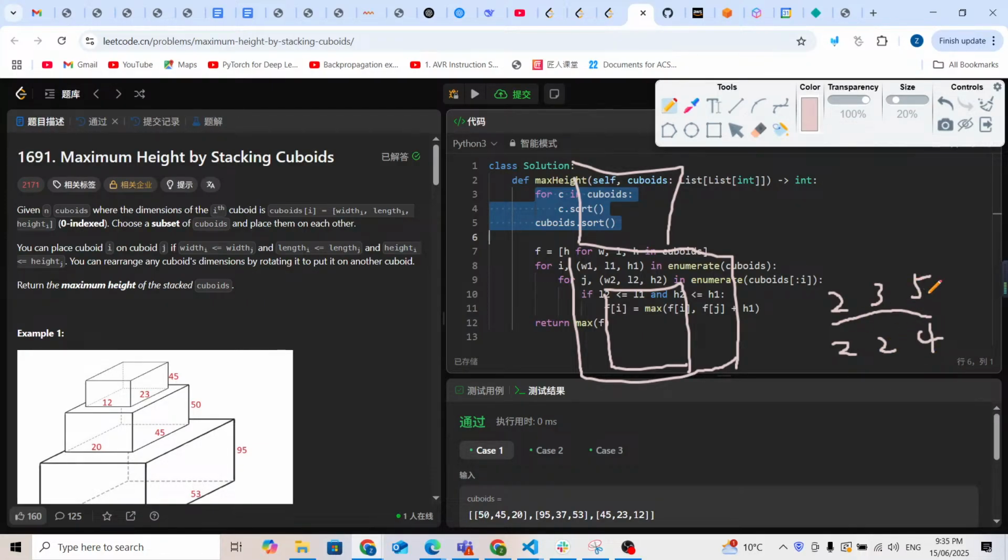Definitely the height is going to be 5 plus 4, which is 9, because we can stack this one over this one, because 2 is less than or equal to 2, and 2 is less than or equal to 3.